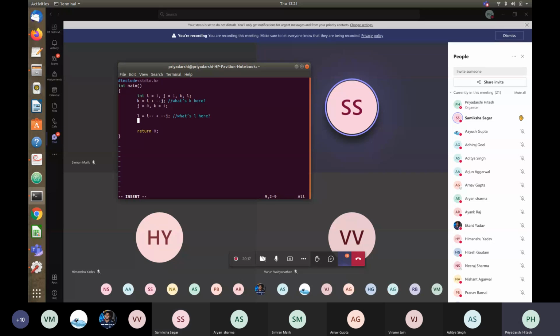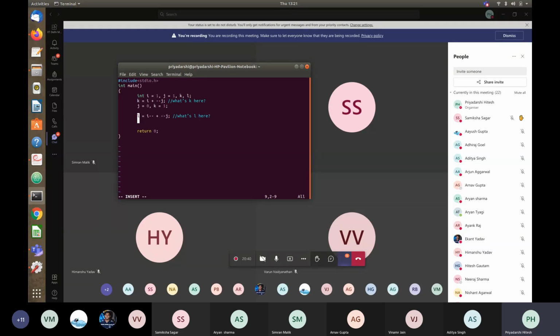Okay. So what will be the value of j here? j will be equal to -1. So j is 1. Oh yes, -1, sorry. And then you can see there is i--. It has greater precedence over plus, so it will be executed. But you can see here it is being assigned to something: l equals i--.